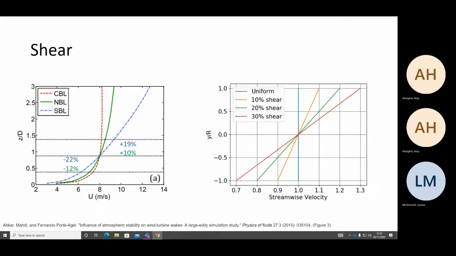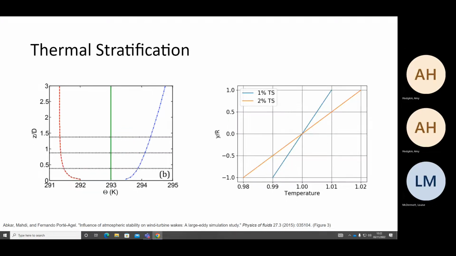You can see the shear ranges from about 10 to 20% for neutral and stable boundary layers. And on the right, then we're showing our profile. So we're looking at 10 and 20%. And we've also looked a little bit at an extreme 30% case. And when I say percentage, I mean the change in the velocity from the center of the turbine to +1 radius.